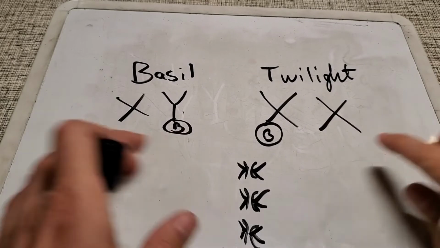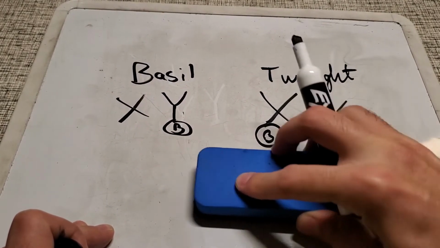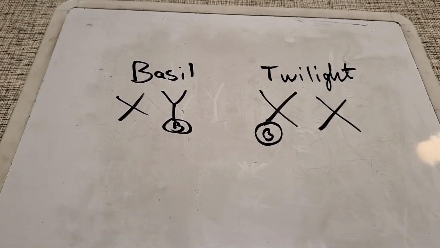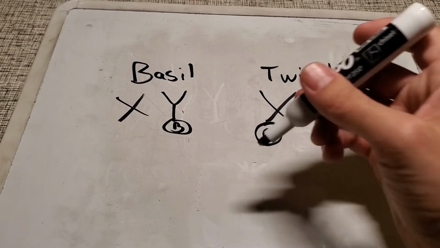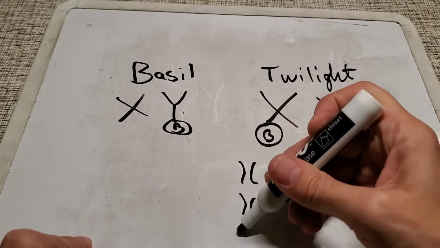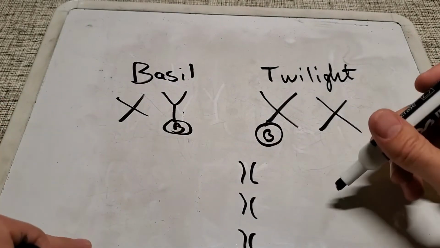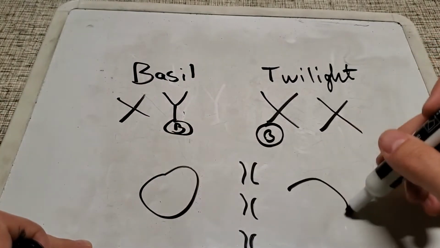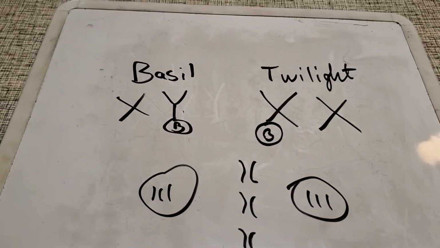So when you have your new cells, they still have the same number of chromosomes. And then you just have two new cells. That's normal mitosis. That's normal cell division. That's not what happens in meiosis. In meiosis, they line up like this, but then they don't replicate. They split apart. So the two new cells only have half the number of chromosomes. They're unpaired.